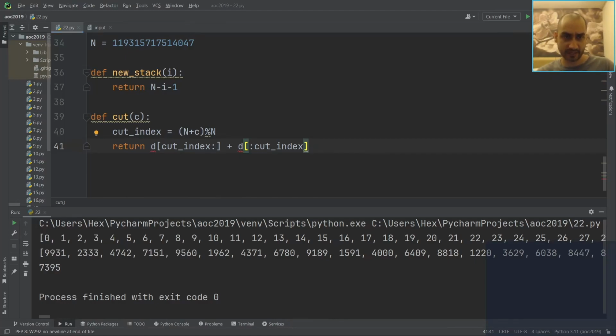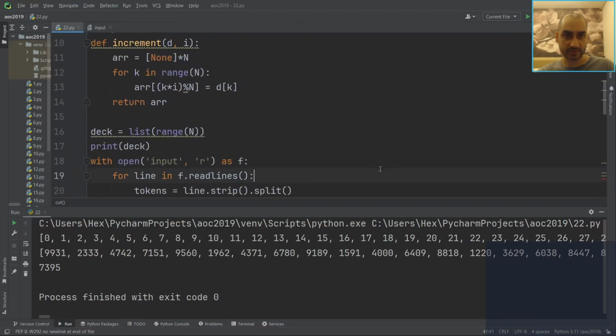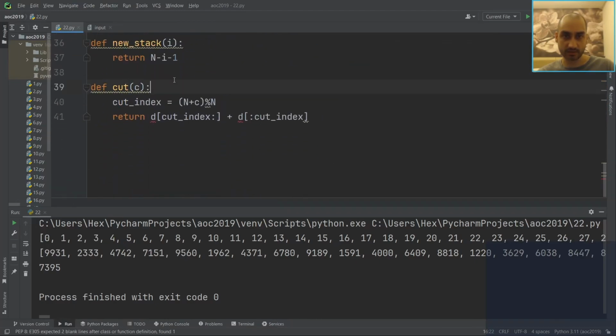We should be able to figure out where 2000... What was the question for part 1? Find out where 2019 ends up. Yes, exactly. We can actually do this for part 1, and in which case we could just get rid of all these previous methods. This is actually the superior way to go.